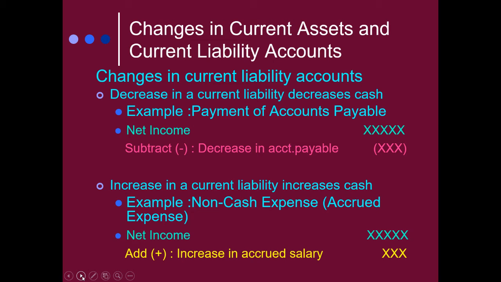Now look at the changes in the current liabilities. The treatment is the same, but for current liabilities it is actually vice versa. An increase in current assets means you need to deduct it from the net income. A decrease in accounts payable will require you to deduct it from the net income, and for any increase you will have to add it to the net income.